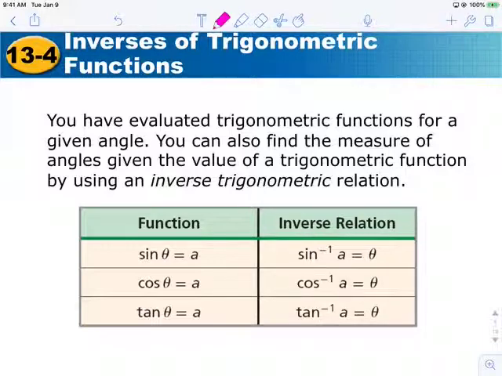Sine inverse is not equal to 1 over sine. We already have a name for 1 over sine. What is it? Cosecant. So this is something completely different. This is inverse, and it undoes sine.